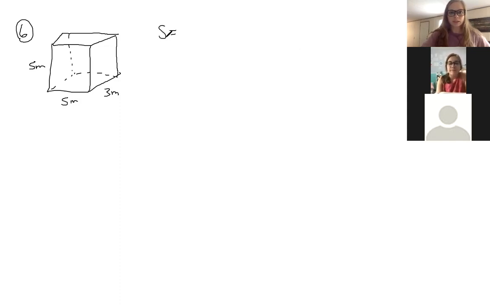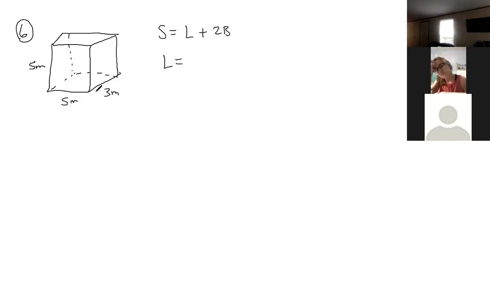So my formula is S is equal to L plus 2B. Let's see here. What does L represent? Well, L represents the lateral faces. So remember, if I have my tissue box, this is a rectangular prism.